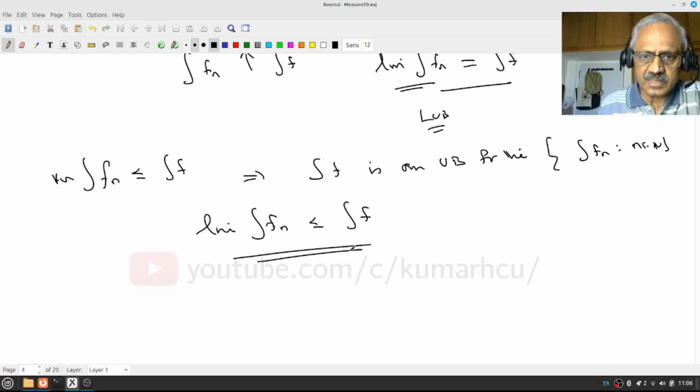You should understand what it means. First, the limit exists in the extended real number system, and the limit is the supremum or LUB. This is already an upper bound for each element, therefore its LUB must be less than or equal to it. Pause, review, proceed.